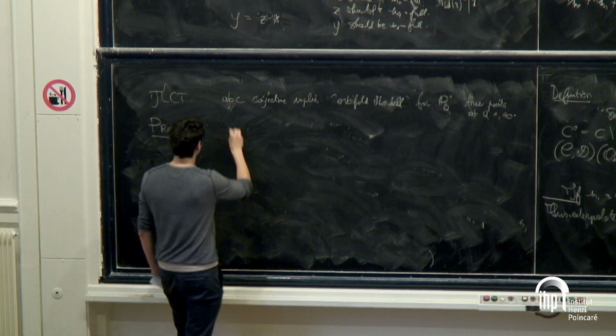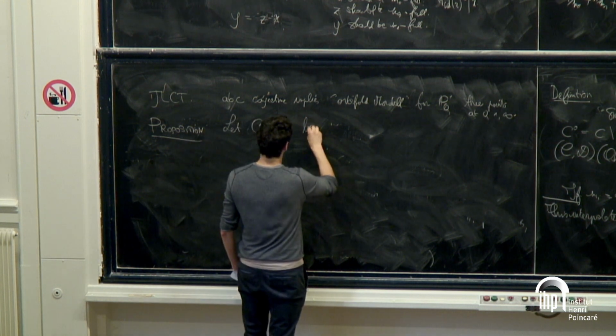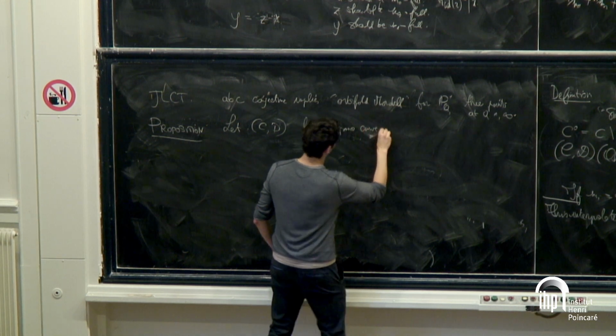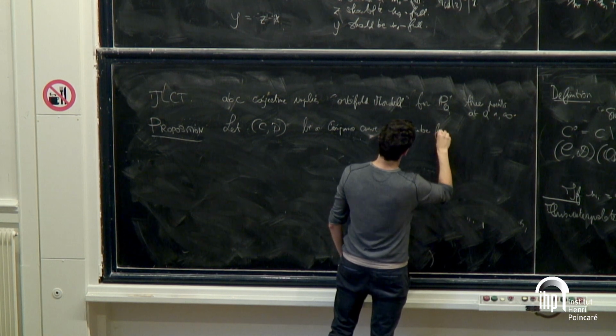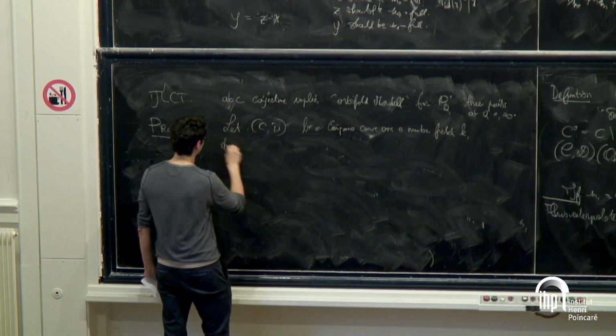Let C_D be a Campana curve over a number field K which is of general type.